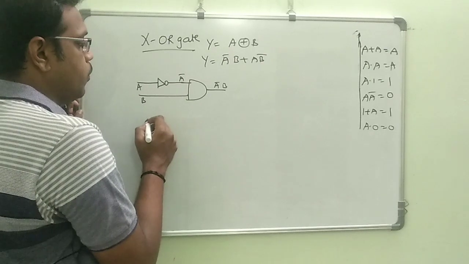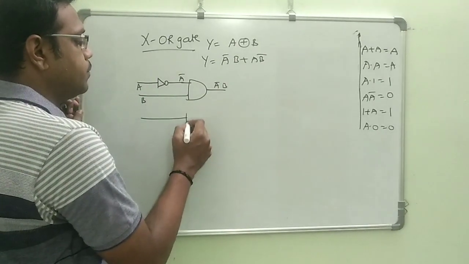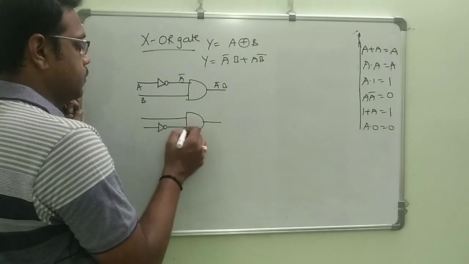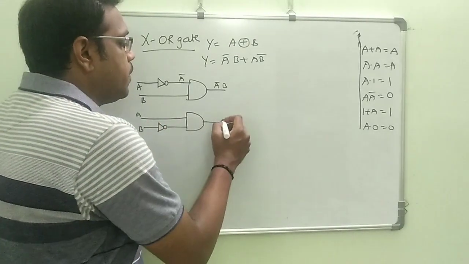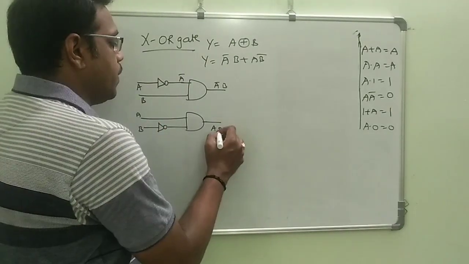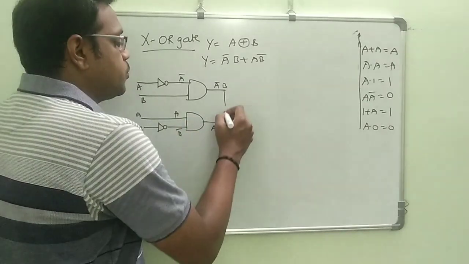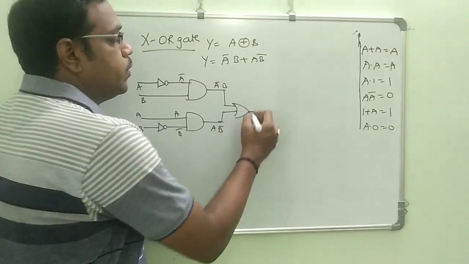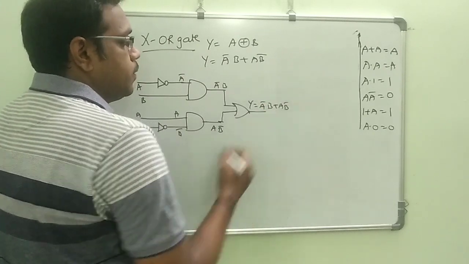And suppose you take one more, A B bar, that is A and B bar. So this AB bar will come. And if you combine this using an OR gate, you will get Y is equal to A bar B plus A B bar.